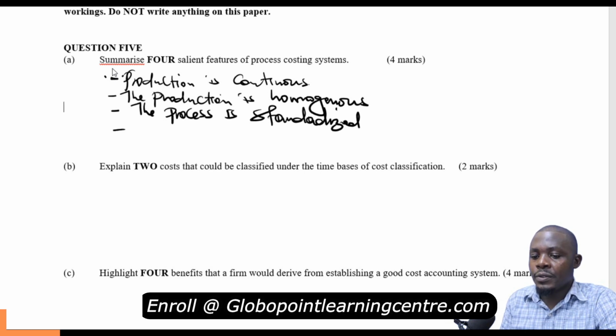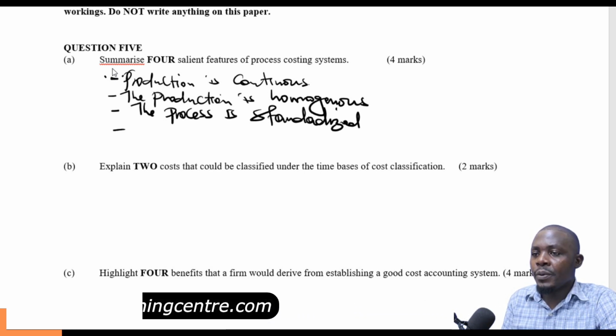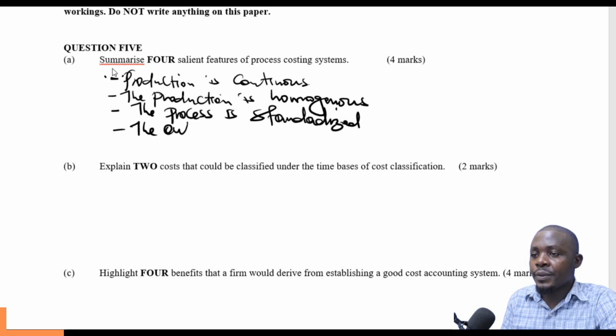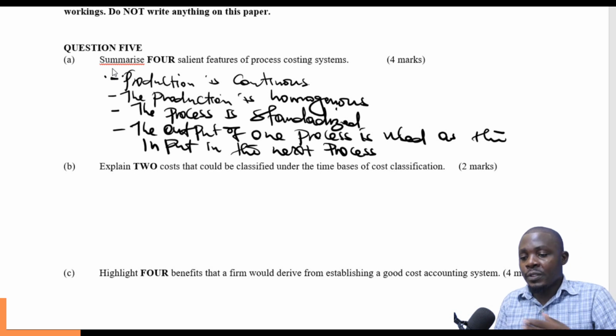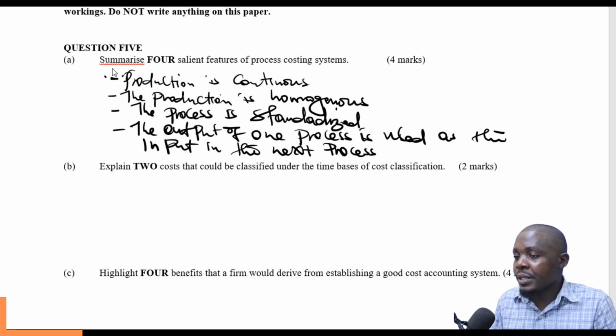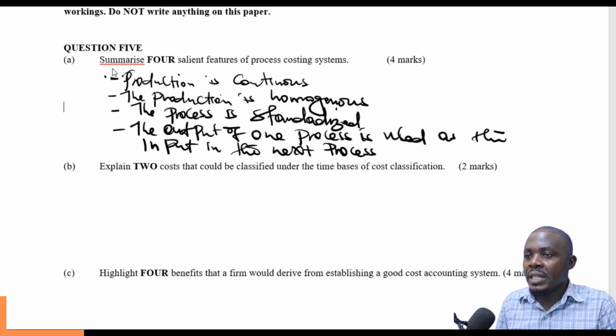And then we can also say that the output of one process is used as the input in the next process. The output of process 1, for example, becomes the input in process number 2. Those are the 4 features of the process costing.